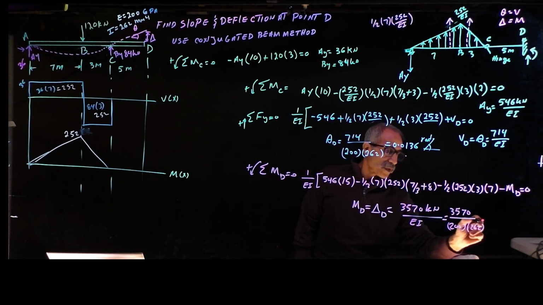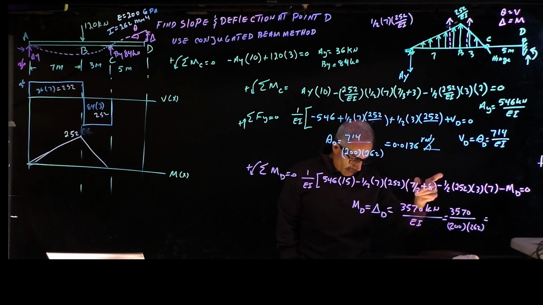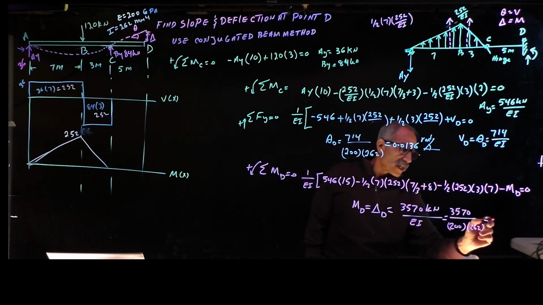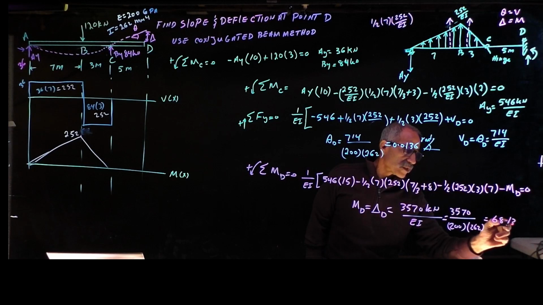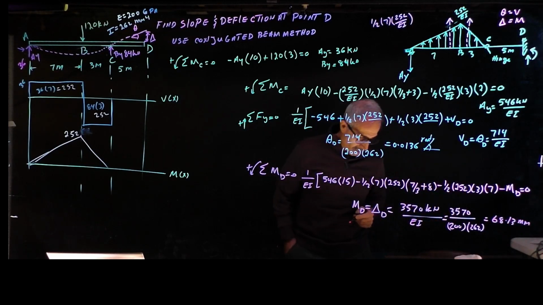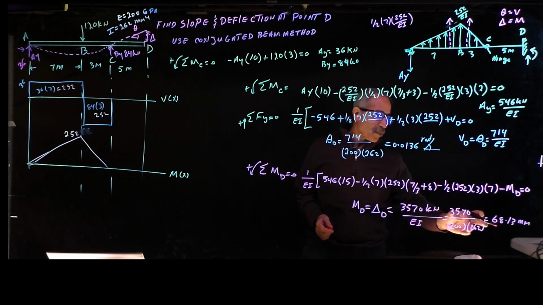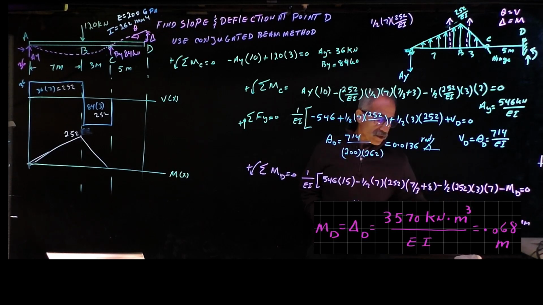You work with the units. If you get this right answer, that's a simple math. It becomes 68.13 millimeter or 0.068 meter. The answer should come out to 0.068, but you divide it by 1,000, you're going to get that.